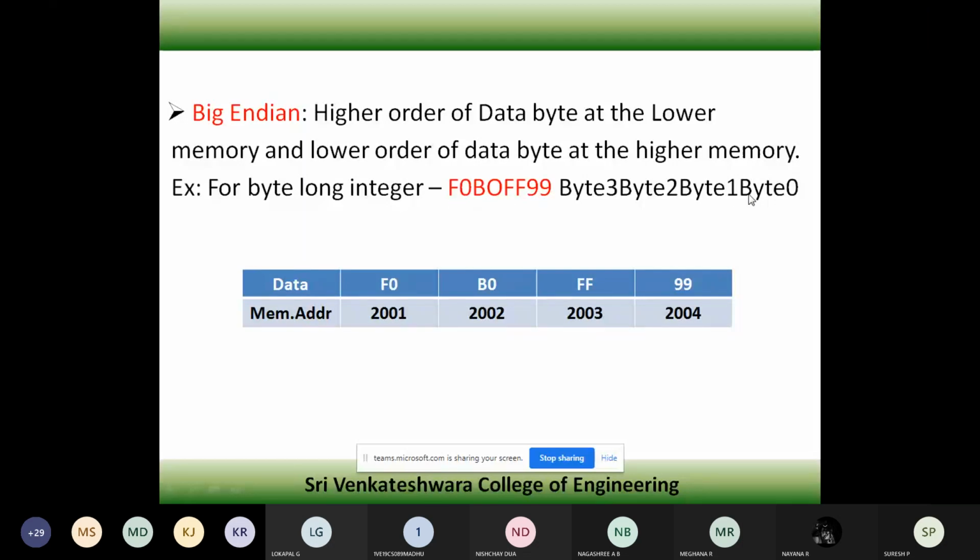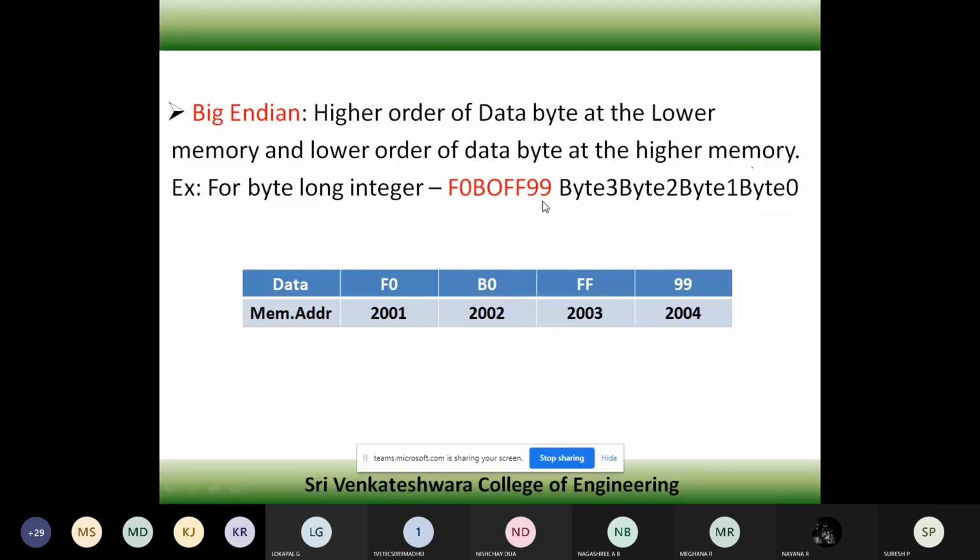Byte 0, byte 1, byte 2, byte 3: 99 is byte 0, FF is byte 1, B0 is byte 2, F0 is byte 3.